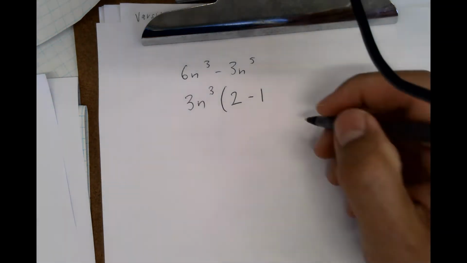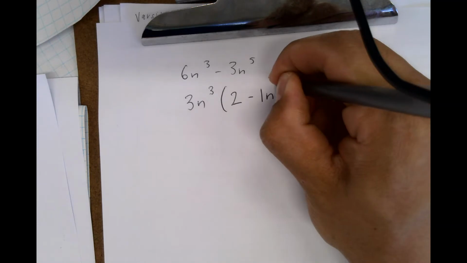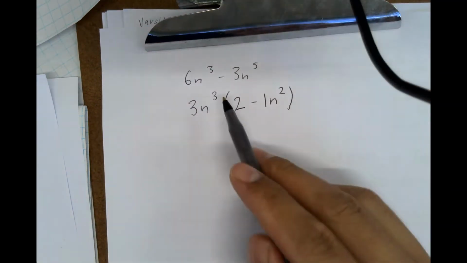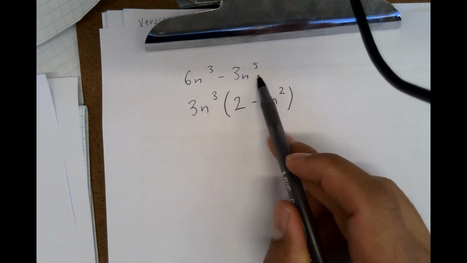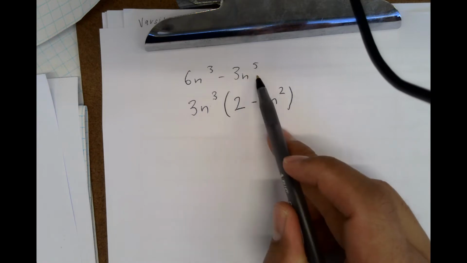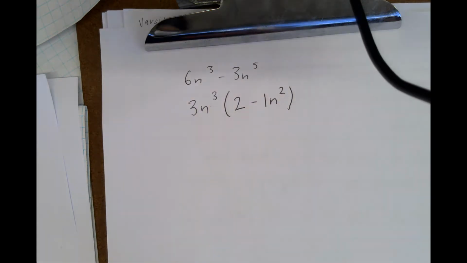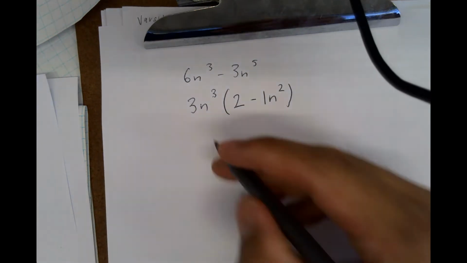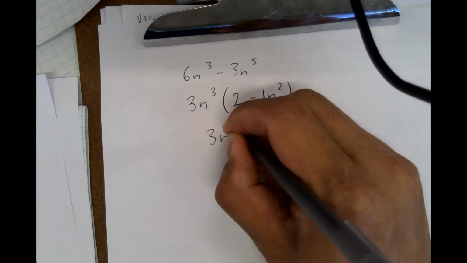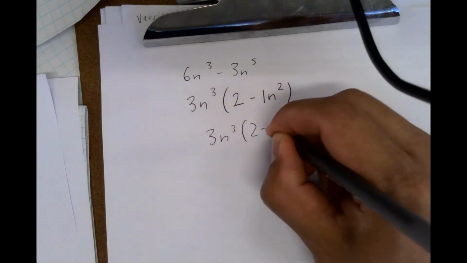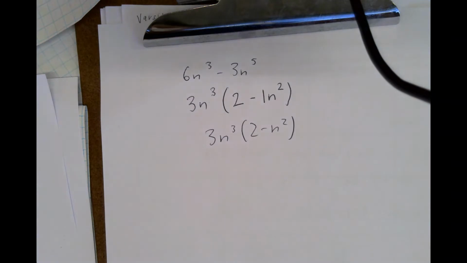And Joe, yes, it's going to be n to the second power because we're taking out 3 n's, right? But we have 5 here, so we're left with 2. You can write it in this way. I do prefer that you write it in this way, just so it's less work for yourself. Okay, good job.